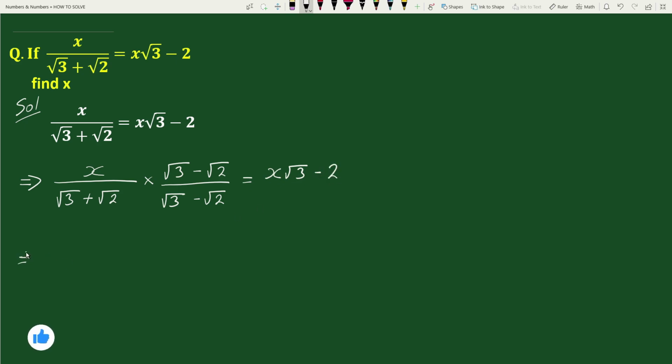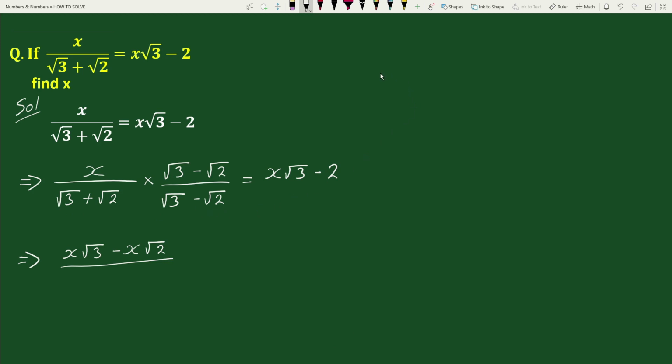This equals x times square root of 3 will be x square root of 3, x times minus square root of 2 will be minus x square root of 2, by square root of 3 plus square root of 2 times square root of 3 minus square root of 2.